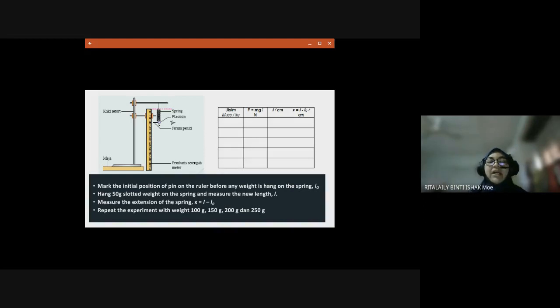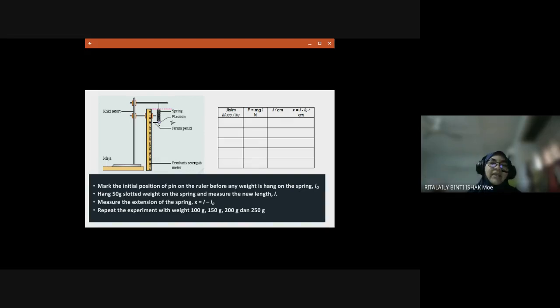When you write your report, if you write less than 5 different weights, you are going to face a problem, because when you draw a graph, you cannot get a very good graph.